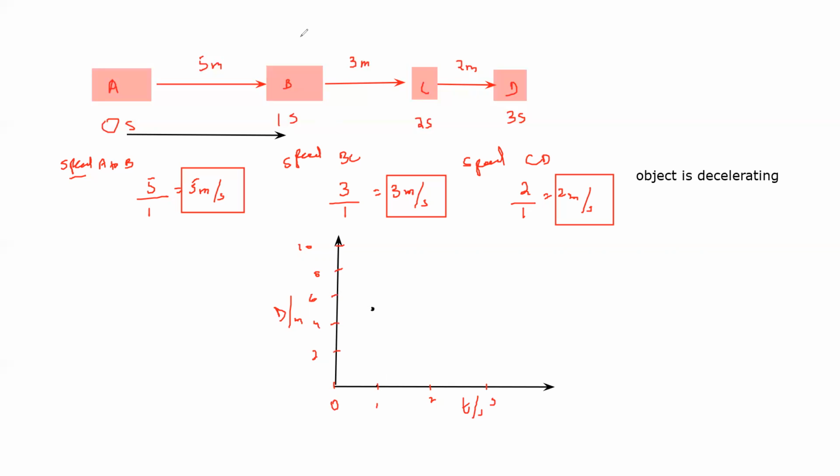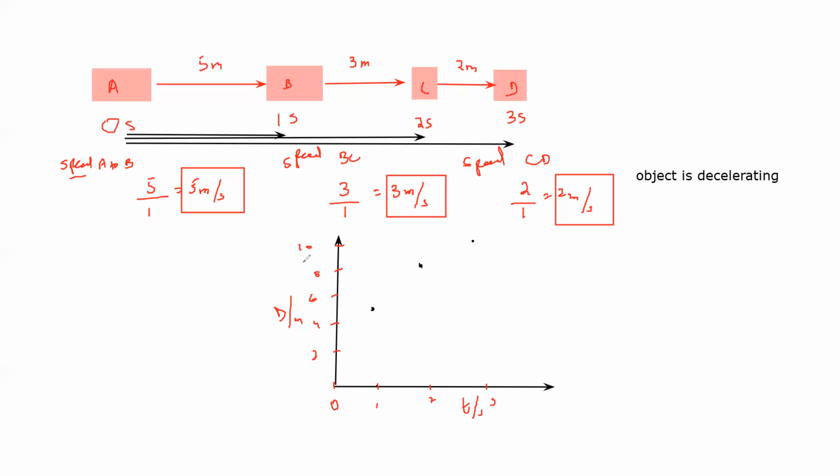Then till 2 seconds, how much distance did it cover? 5 plus 3, that's equal to 8. So till 2 seconds it covered 8 meters. And till 3 seconds it covered a total distance of 10.